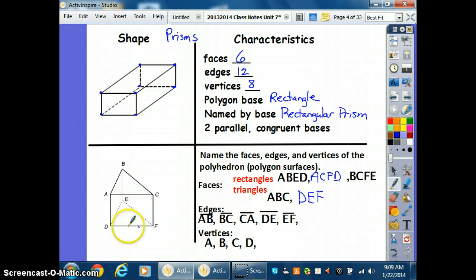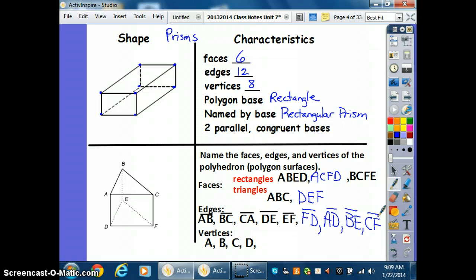Let's continue. It'll be FD. And then the 3 segments that connect those triangles: AD, BE, and CF. Make sure I have my segment symbols over them.